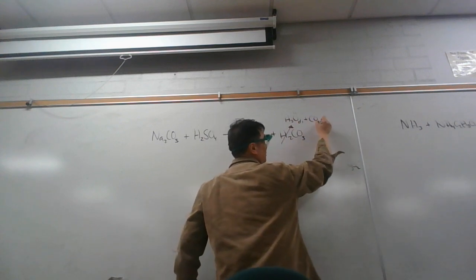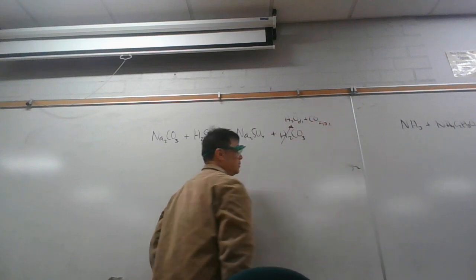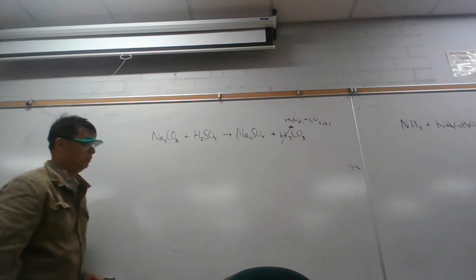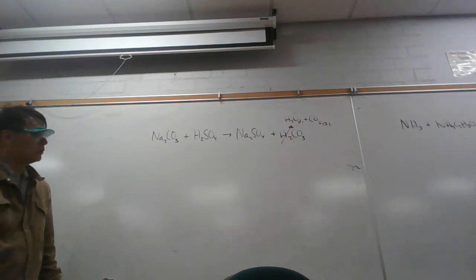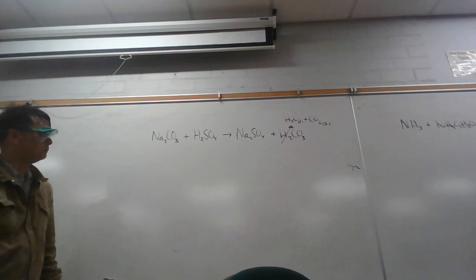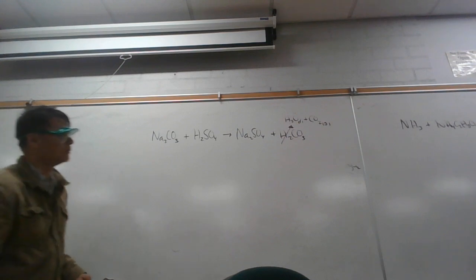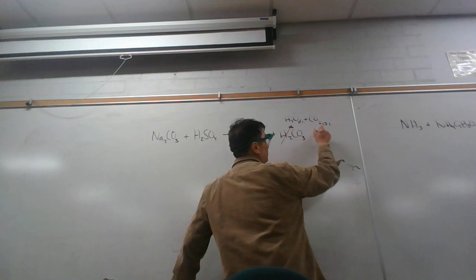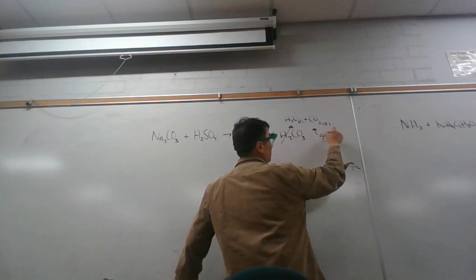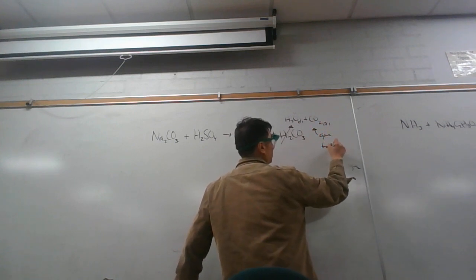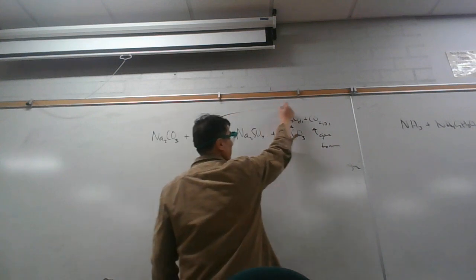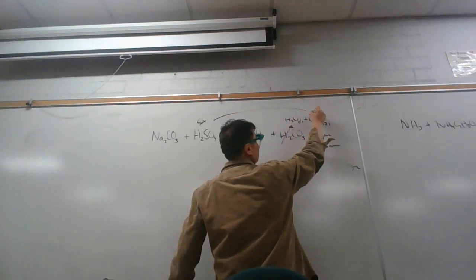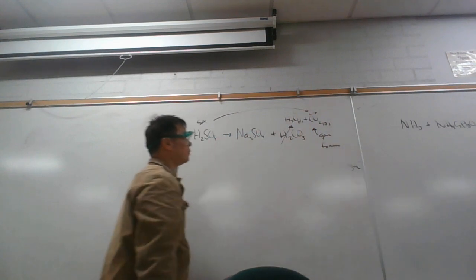CO2 is not very soluble, so it should bubble out or effervesce. What's the driving force? Gas formation. Anything else? Yeah. Stronger to weaker acid. So this is the stronger acid, and then CO2 is our weaker acid, or carbonic acid.